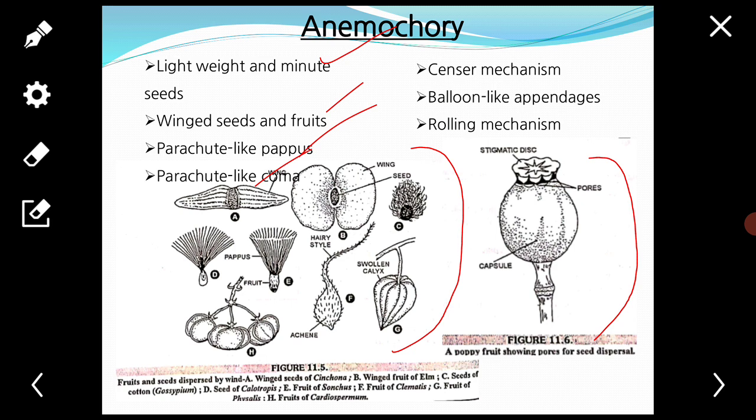Next, censer mechanism. The small sized seeds are dispersed through small openings on the fruits.